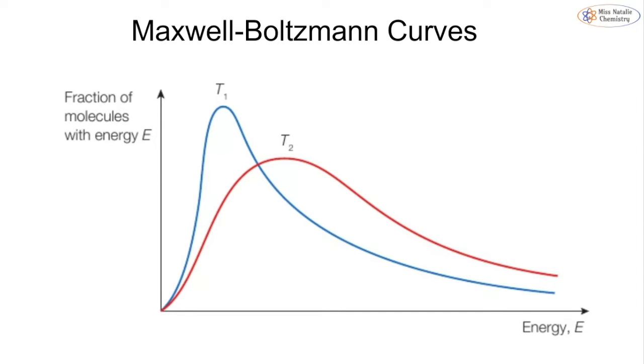So we have the energy along the x-axis, and then on the y-axis, it's the fraction of molecules with a specific energy, or sometimes you might see the number of molecules.